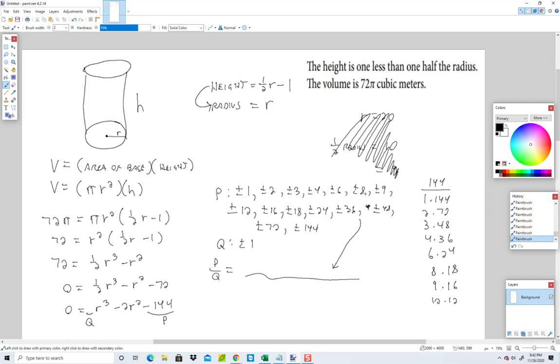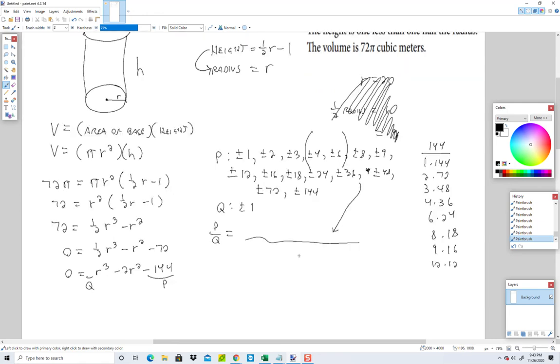No. 8 squared is 64. Probably not. 6 squared is 36. Okay, now that gets in the realm of possibilities. Probably not going to be this small. 2 squared is 4. 3 squared. I'm guessing somewhere in here.